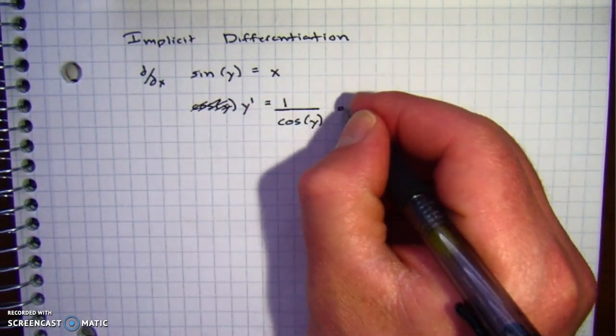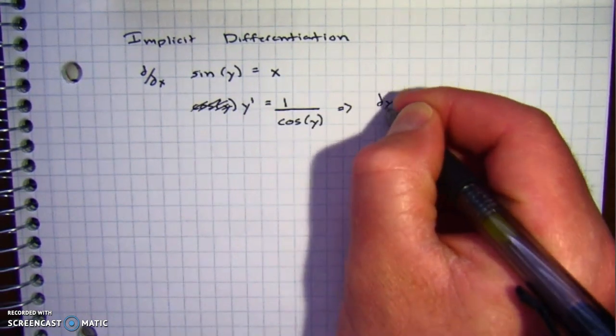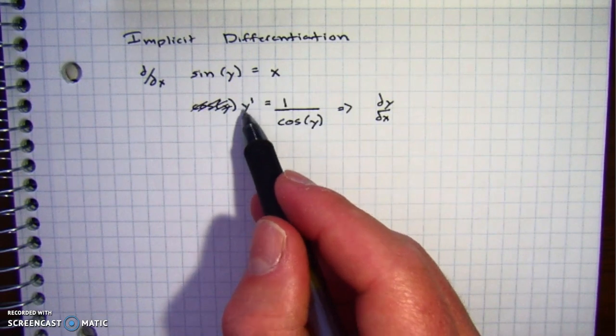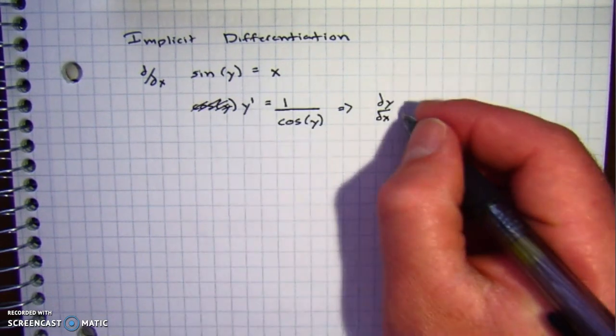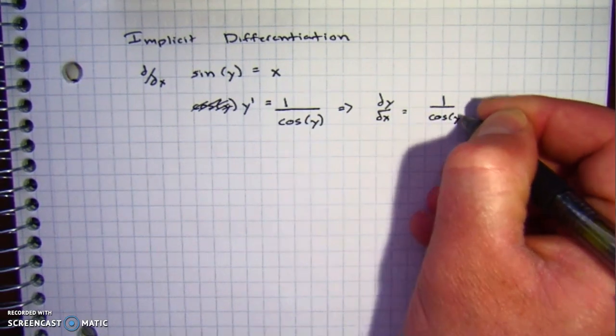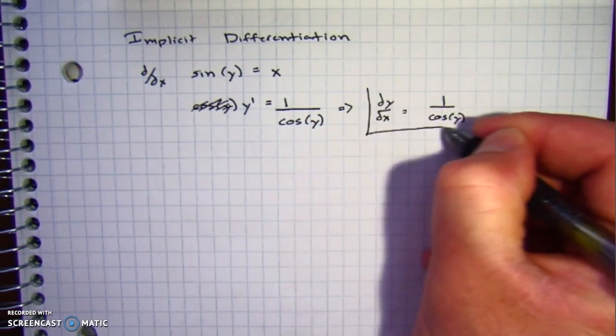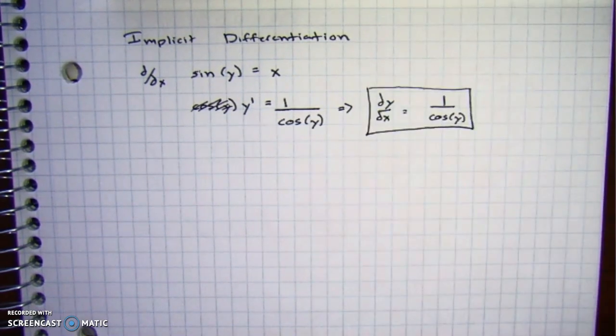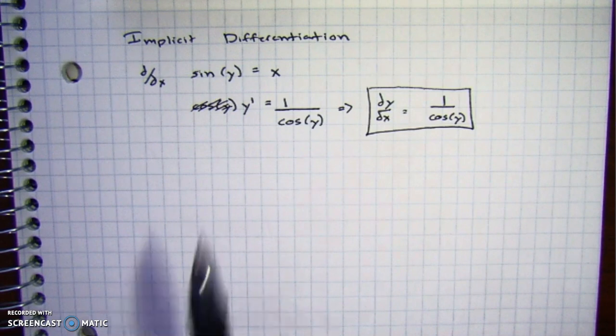And so my dy dx, which is another way to write y prime, the shorthand way, is going to equal 1 over cosine y. So really what most of implicit differentiation turns into is just algebra, just solving for this y prime.